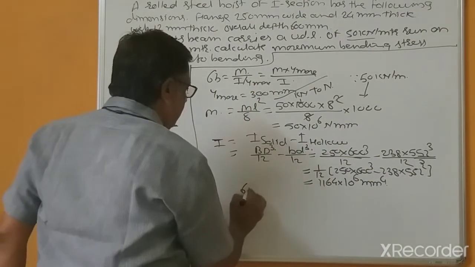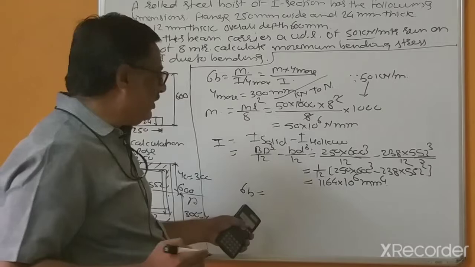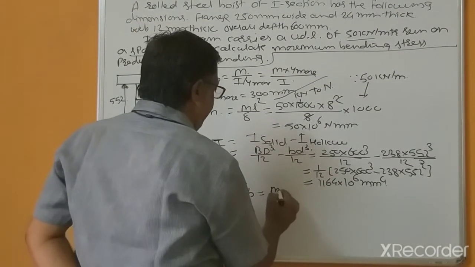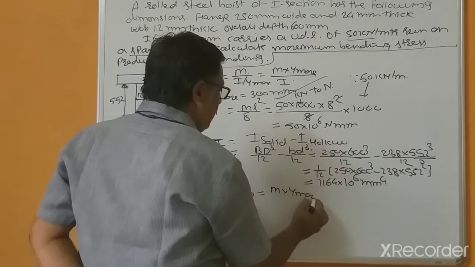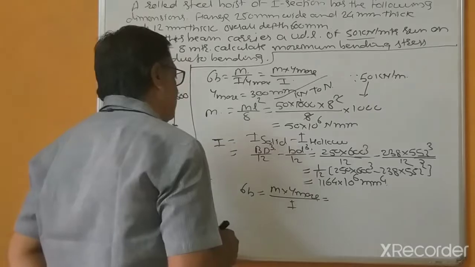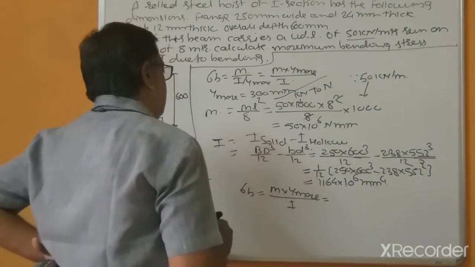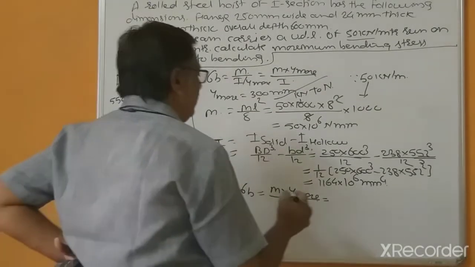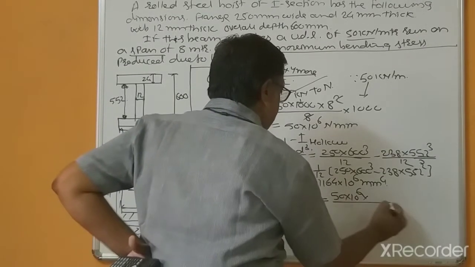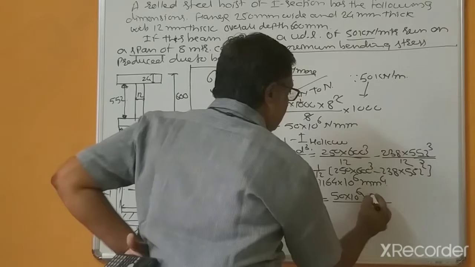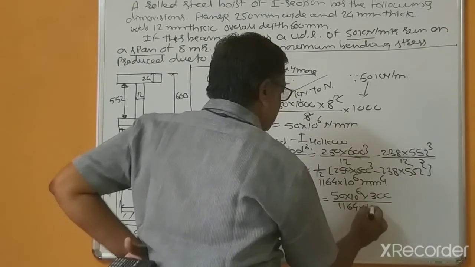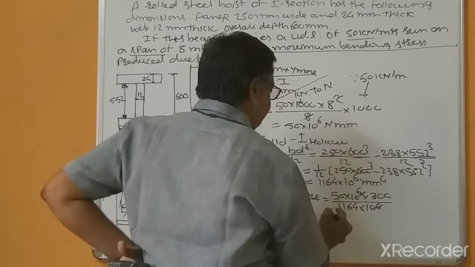Now bending stress, finally you can calculate by using this formula: M y max divided by I. M equal to 50 into 10 to the power 6, y max 300, and I is 1164 into 10 to the power 6.